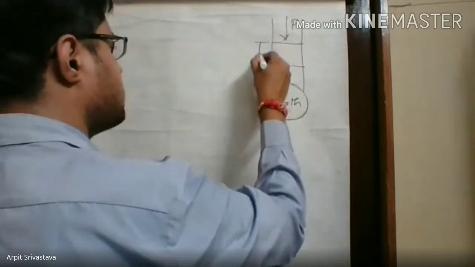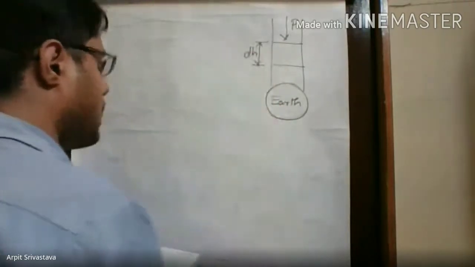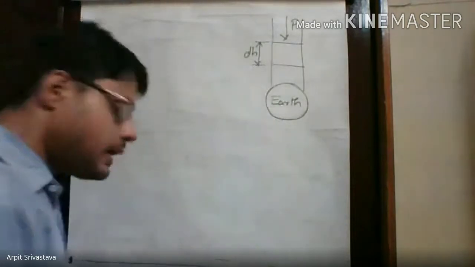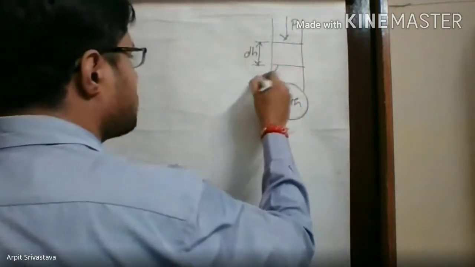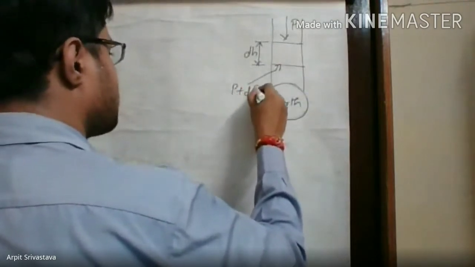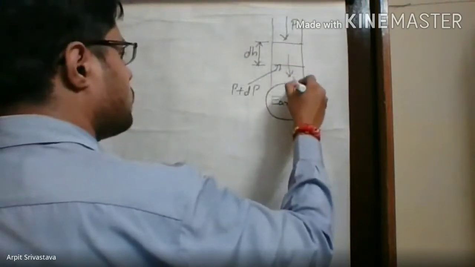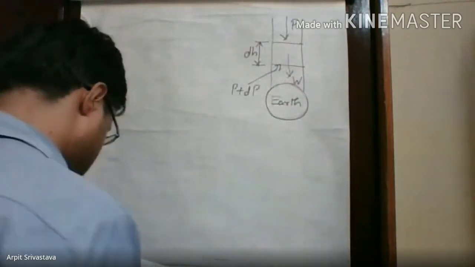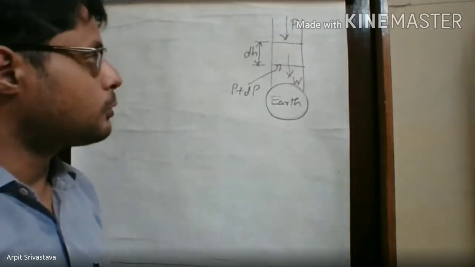Suppose I consider a small part dh high in between the atmospheric layers. Okay, and this is the bottommost point. Okay, this is the weight W, and that is the weight of the atmosphere layer. Okay, so that's all the word problem.